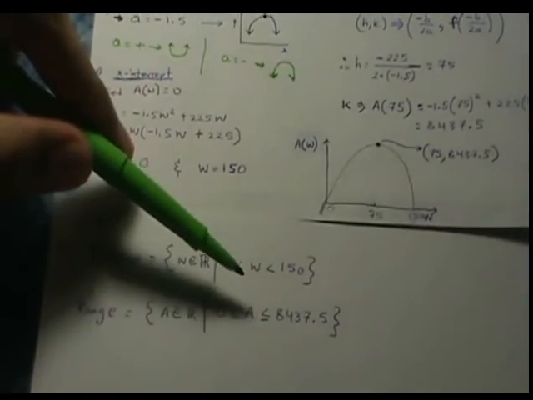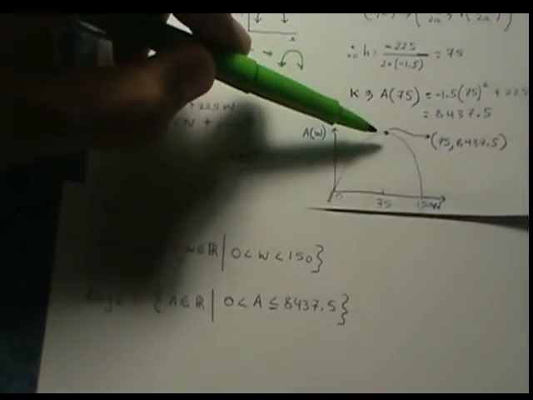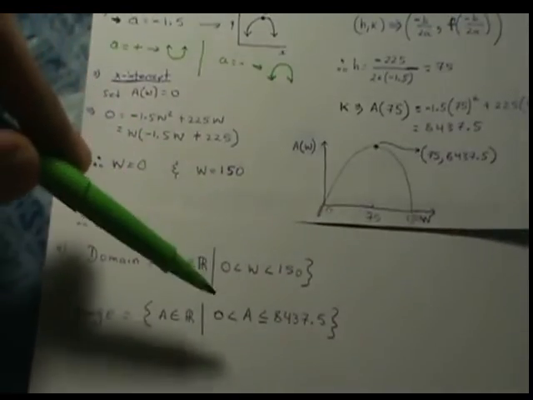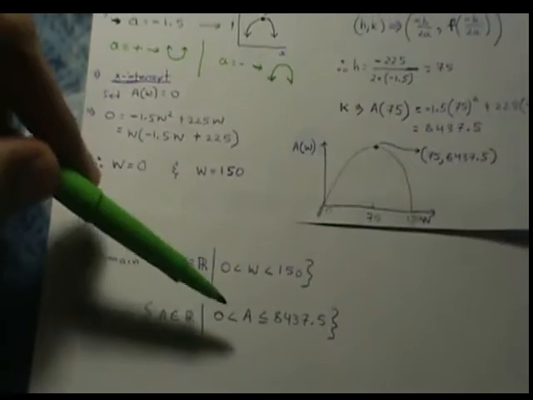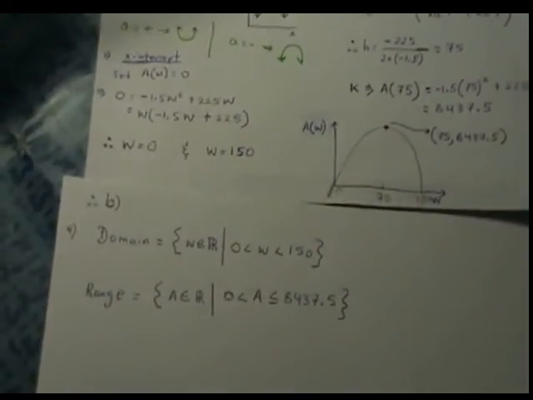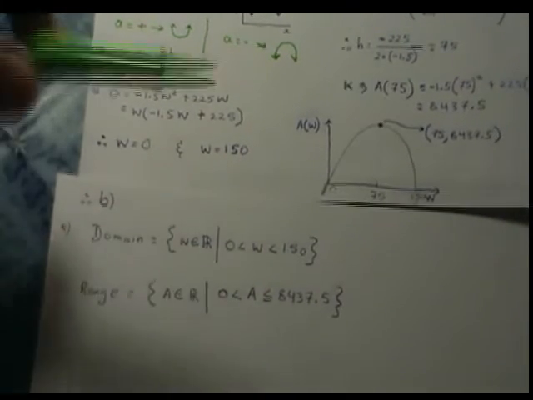And from the graph, we know that the maximum point for the area is 8,437.5. So that basically is our range. So area lies between 0 and then 8,437.5.